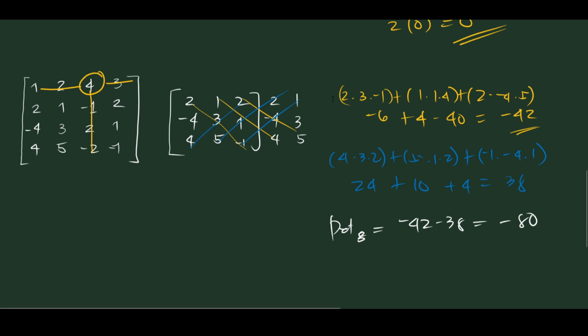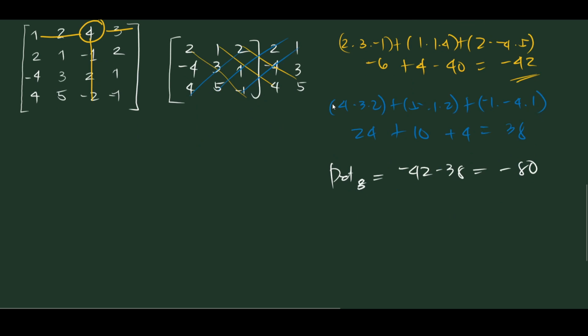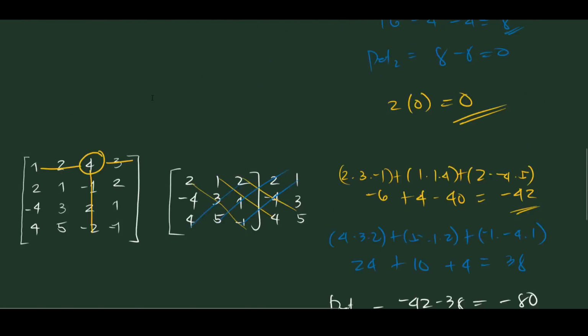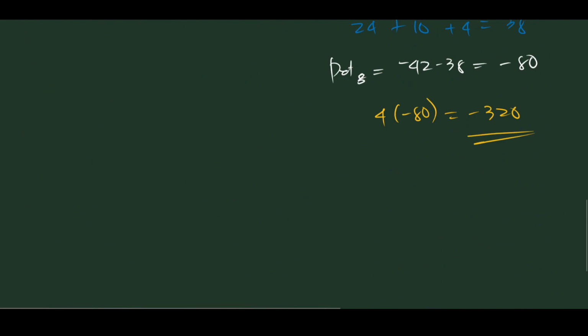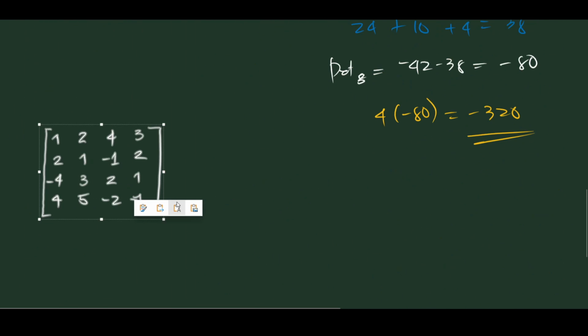So we multiply it again to the encircled number here, 4. So that would be 4 times negative 80, that would be negative 320. So we are now down to our final calculation.